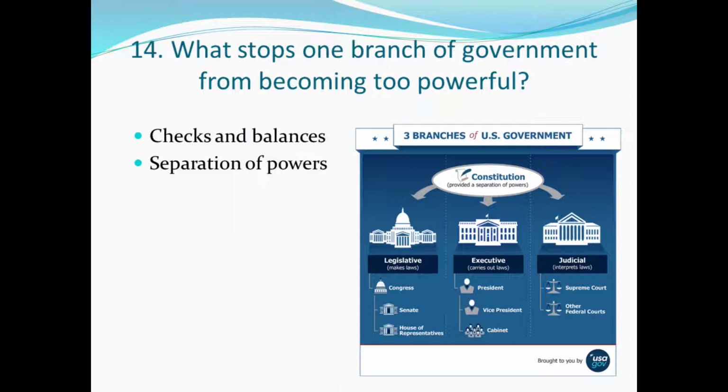And if so, they can throw the law out. So we see each piece of this three-piece government has powers over the other ones. No one is so powerful that they can run the entire country. All three must work together to ensure that everything is working as it should. All the laws are being made in a fair way that's representative of the people of the country.